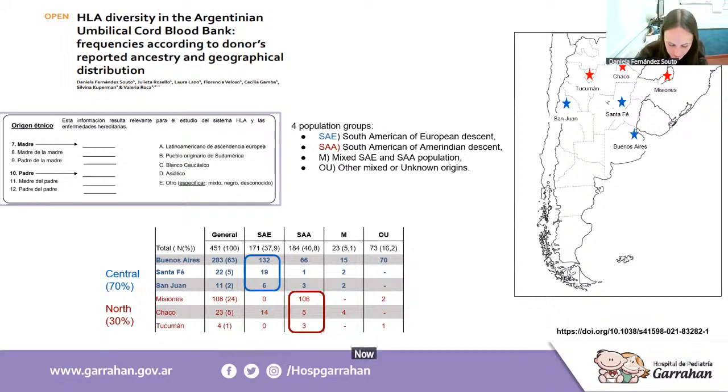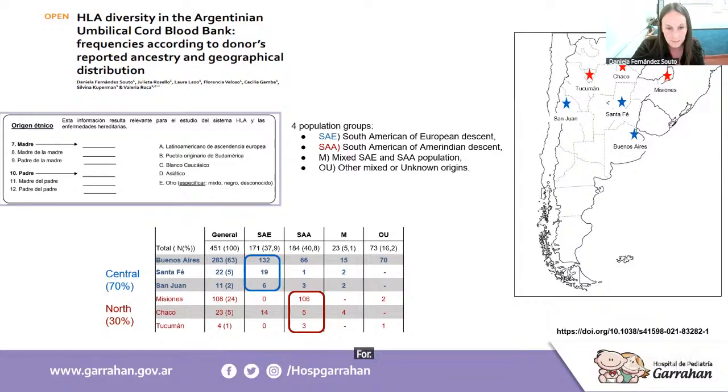Now, this diversity isn't uniform across our country. In fact, people with Amerindian ancestry tend to live in the north and the south, while those of European descent are much more common in the central region.